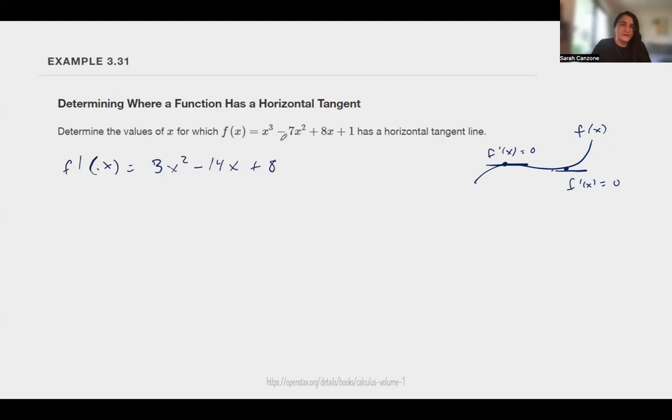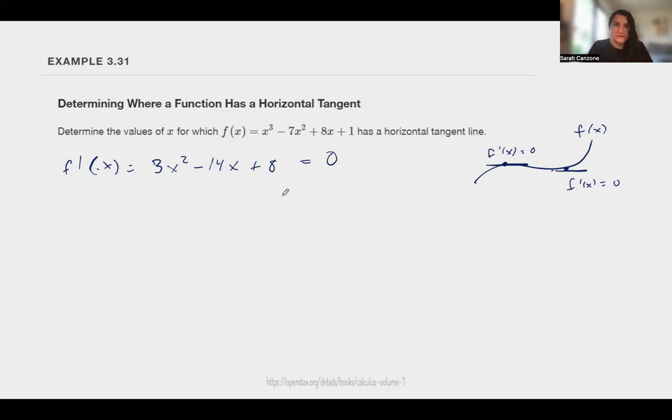Now we need to find the values of x where this has a horizontal tangent, which means that this has to be equal to 0. Now I need to find values that make this true. What I recognize is that this is in fact a quadratic function. So if I recognize that, I can take one of a couple different steps to solve for the values.